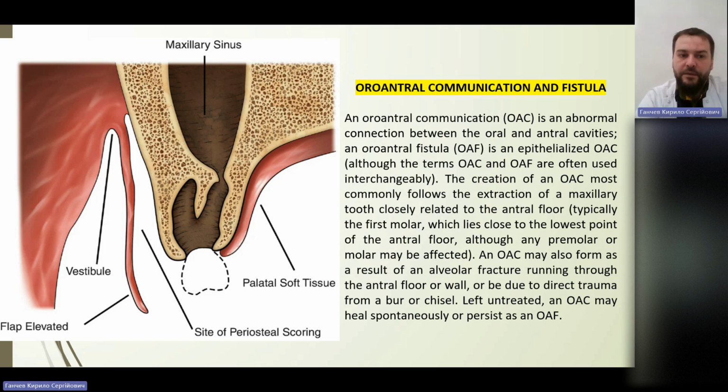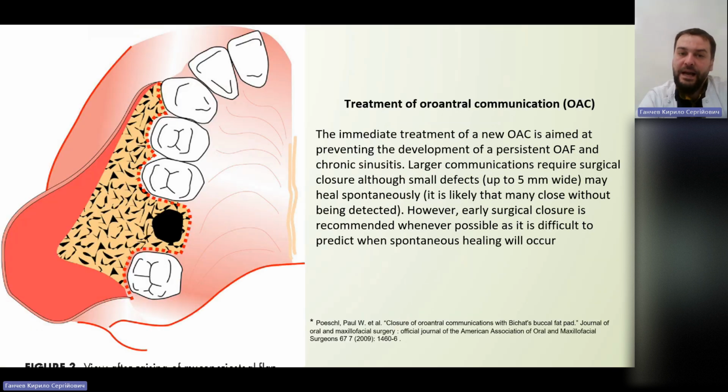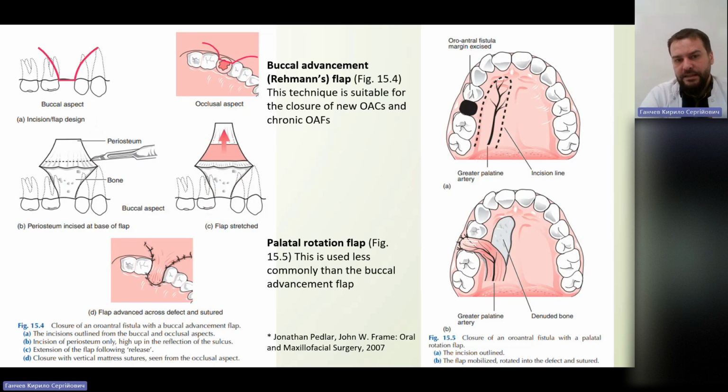And of course, there are a lot of ways you can treat that. There are a few surgical procedures that could close that connection. You can use any of them, or you can create your own maybe. But of course, there are just two ways. You can take the mucosa from the palatine, right?